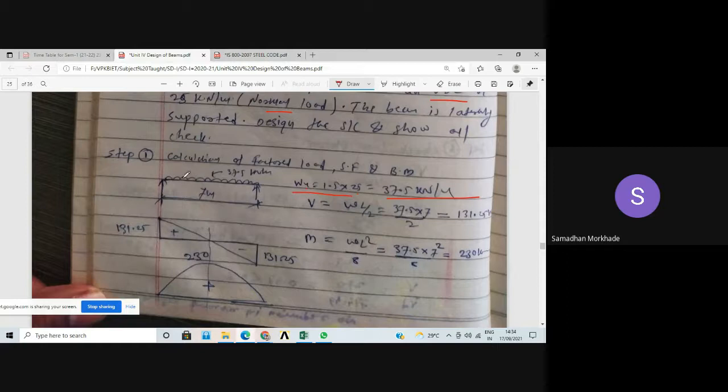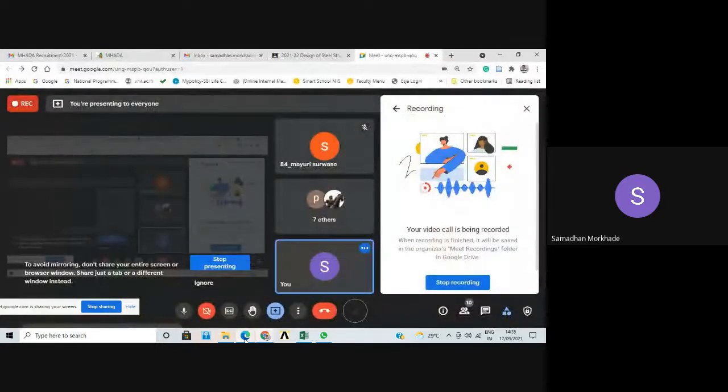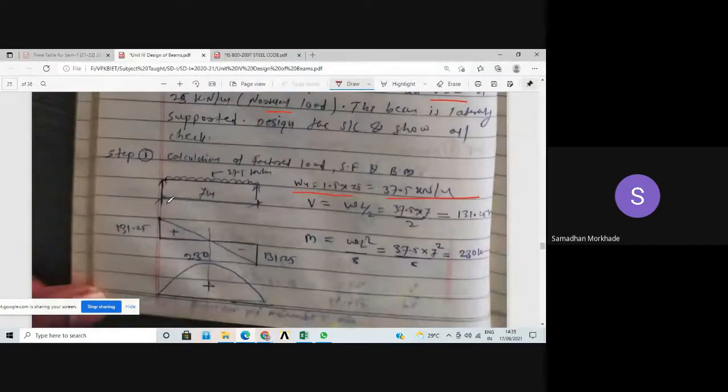Now this is your beam subjected to a UDL of 37.5 kilonewton per meter, and the span of the beam is 7 meter. The shear force at each support will be WL by 2, because it is a symmetrically loaded beam.